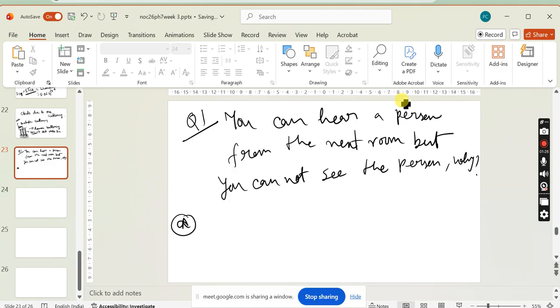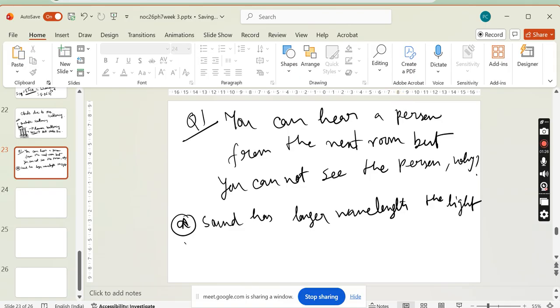Option A is sound has a longer wavelength than light. Option B, sound penetrates wall.